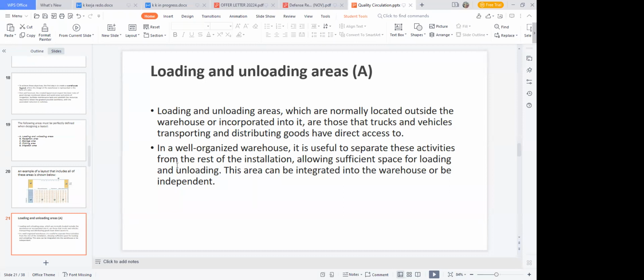Imagine if the driver drops the product exposed to the rain. So what happens to our product? That's the problem. That's why the loading and unloading areas must be really clear.